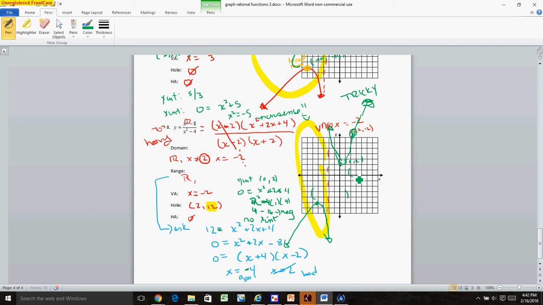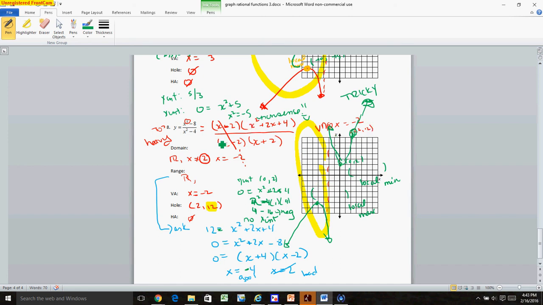So I need to find a local max and a local min, and I use my calculator to find those. I must have made a mistake somewhere, because obviously at -4, I don't hit the value of my hole again.